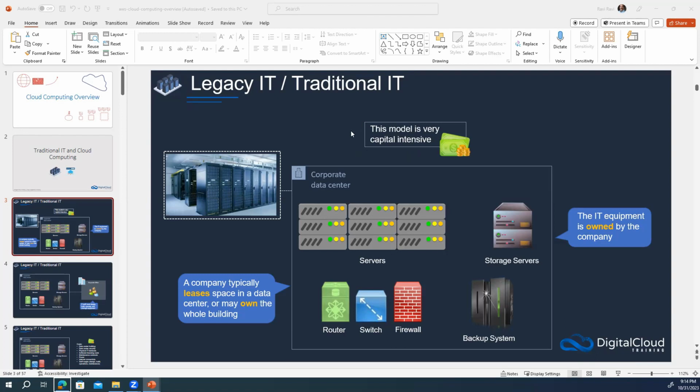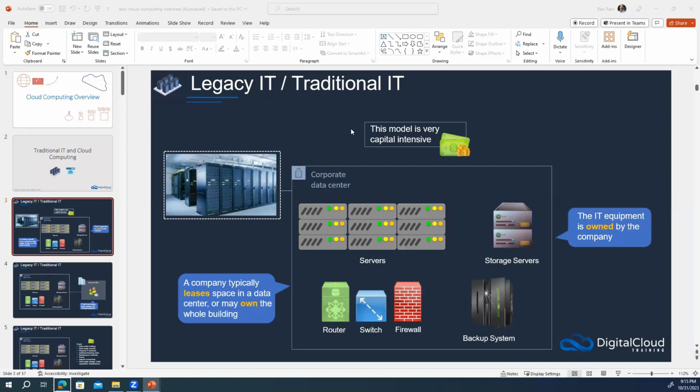That means even before you think of implementing a project, you have to spend a lot of money, thousands and millions of dollars, to set up this corporate data center. So the capital expenditure is going to be more in this traditional IT environment.